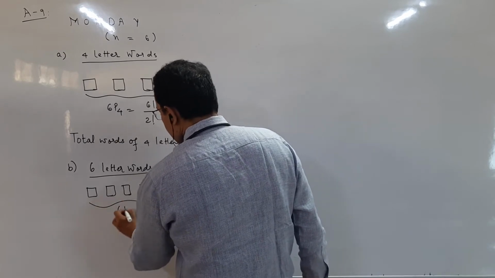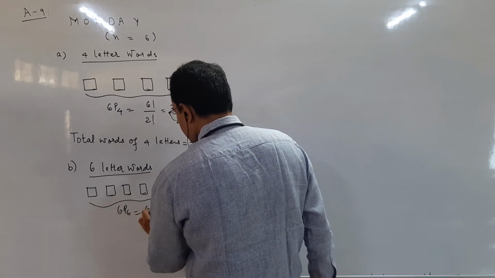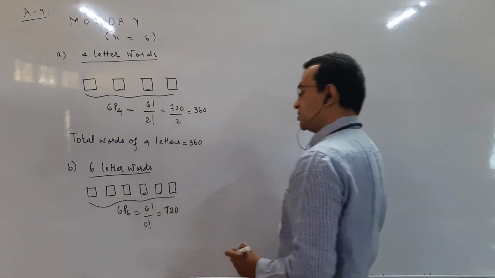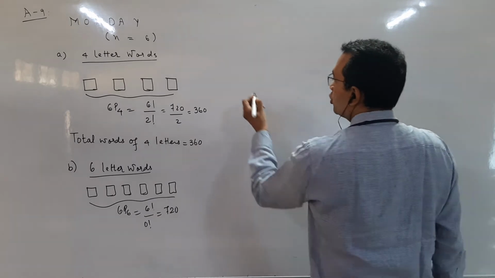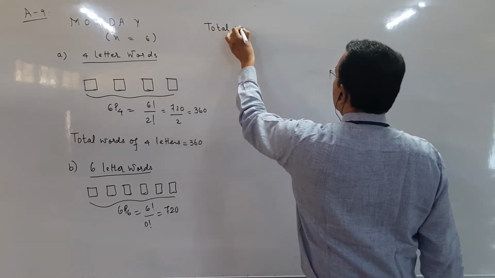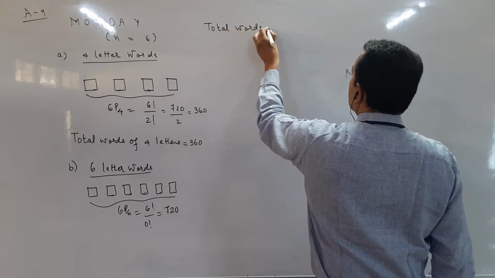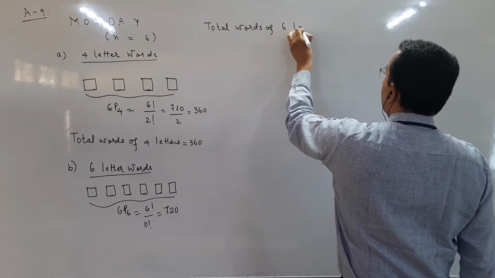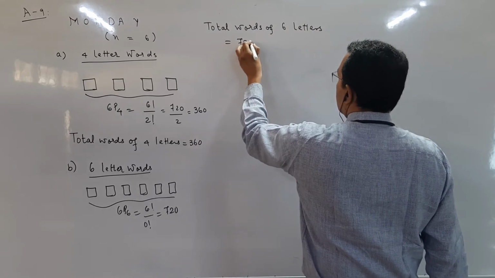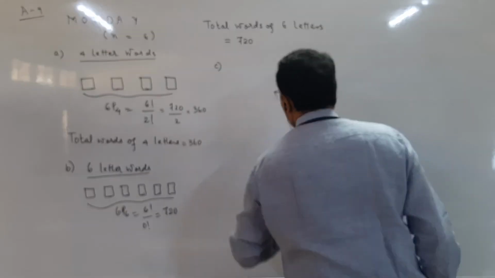The arrangement of all 6 can be done in 6P6, that is 6 factorial upon 0 factorial. 0 factorial is 1. So, total words of 6 letters is equal to 720.